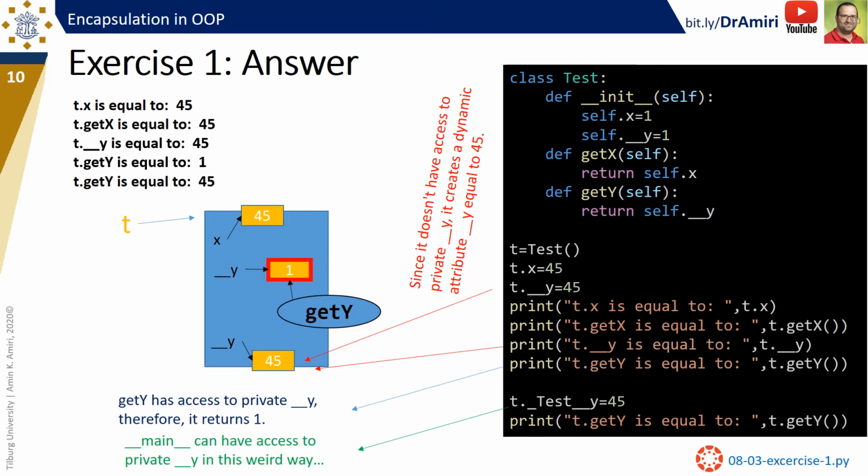It looks for the private attribute, which is private Y. As you can see here, it returns that private attribute, which is 1, and 1 is going to be printed. If you want to have access to the private Y attribute, as we mentioned, you need to use the name of the class and then the name of the private attribute.